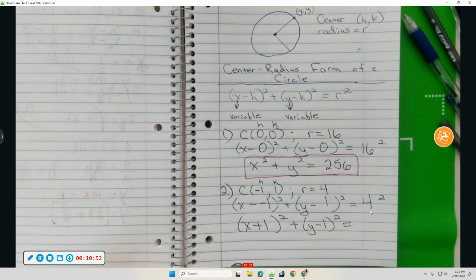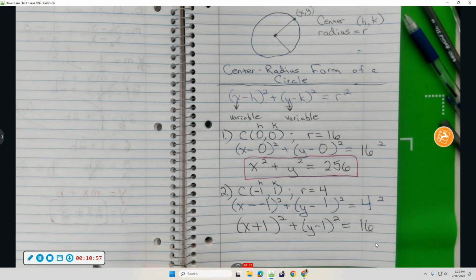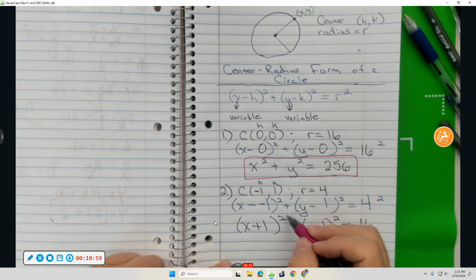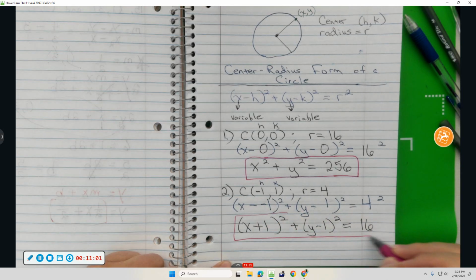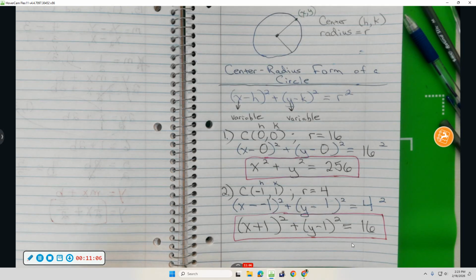And what have we got on the right-hand side? 16. Any questions there?